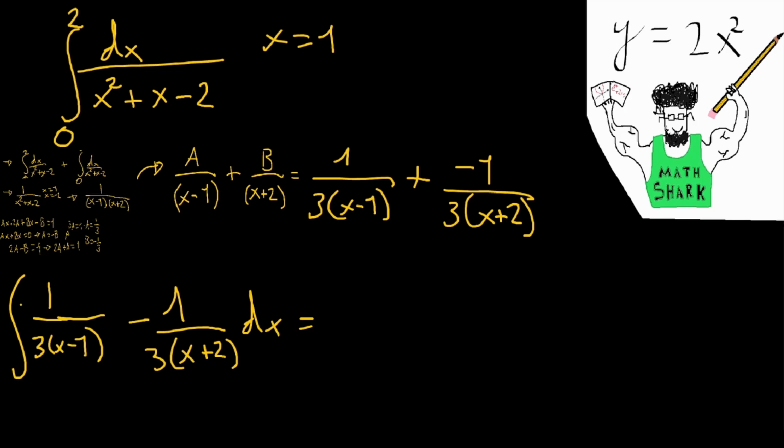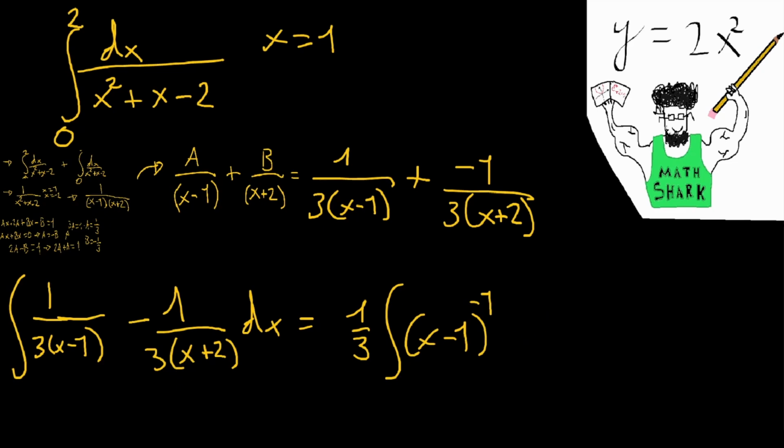So here we can take the 1/3 constant out. I'm also going to just straight put it into exponent form. So 1 over x minus 1 is just brackets x minus 1 to the power of minus 1.